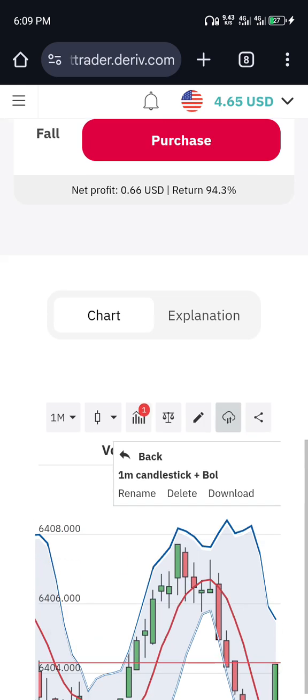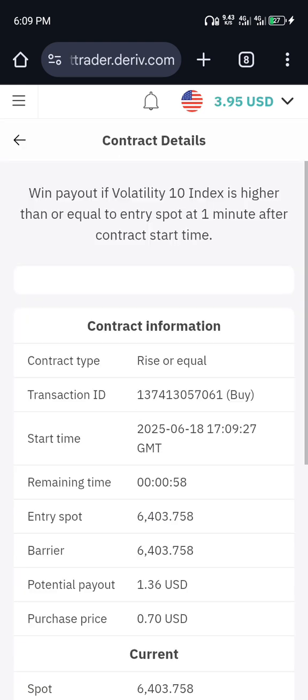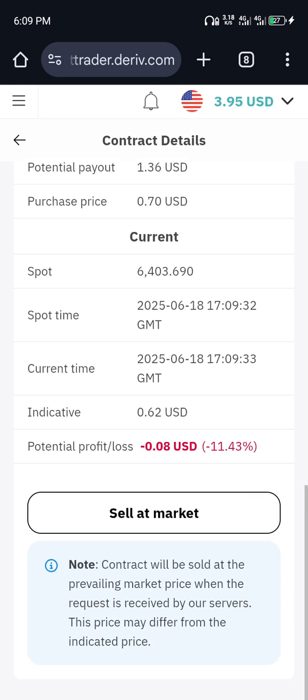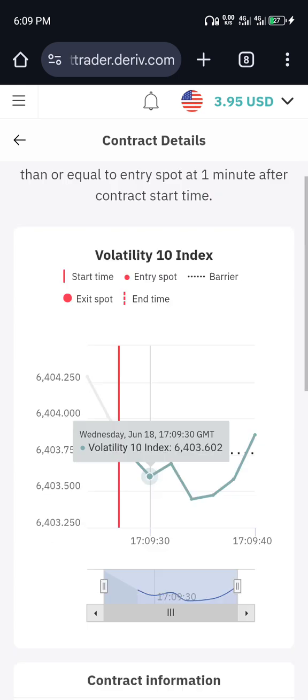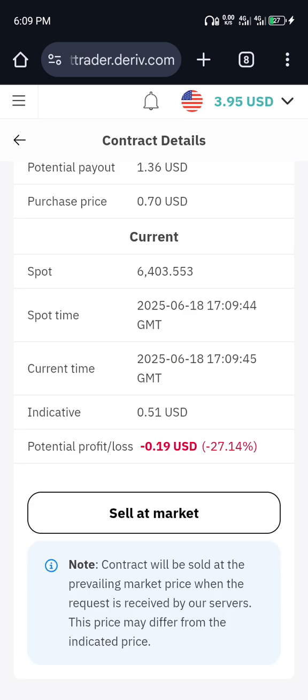Okay, let's see if we can follow this one, though it has gone far already. And see if we can catch up. But we have a way to cut a loss short, and we have a way to take a profit. It seems to be going in that direction now.